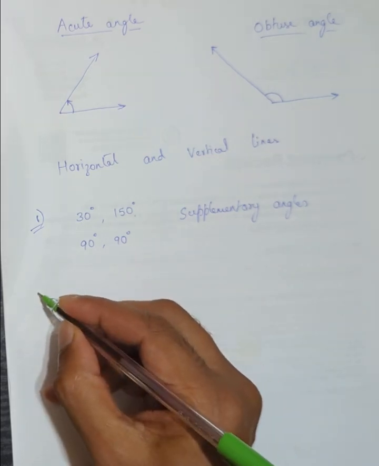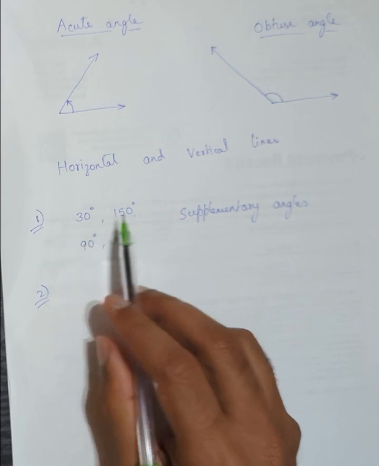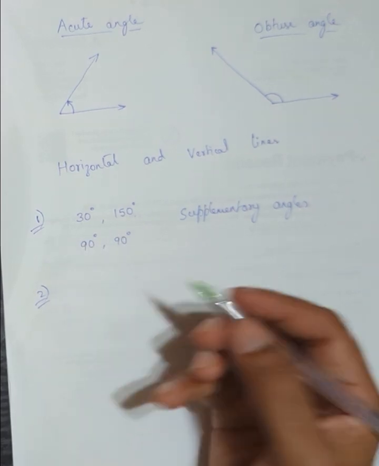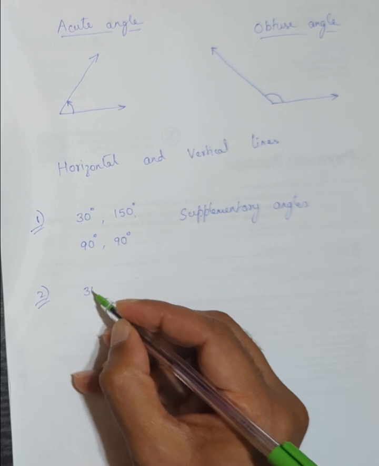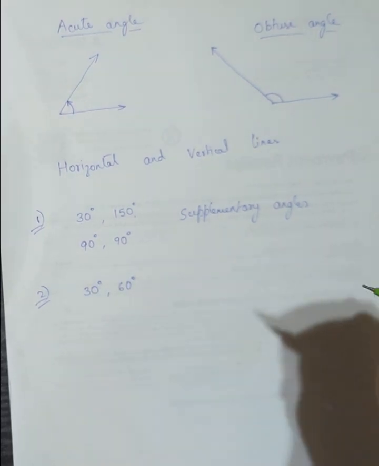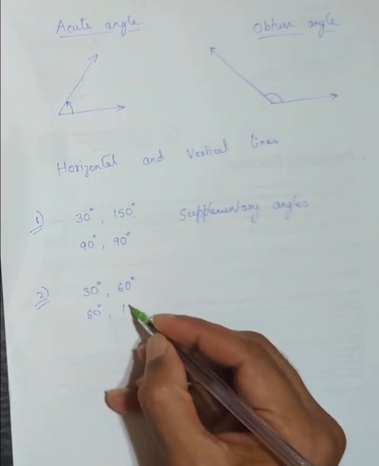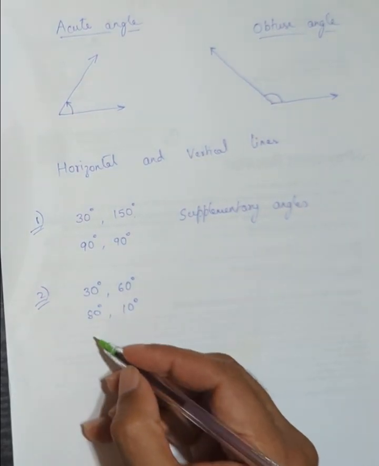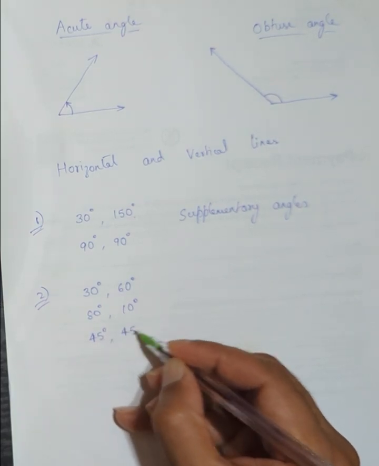Now there is one other term that applies when two angles add up to 90 degrees. So what is an example of that? 30 degrees, 60 degrees. These two add up to 90 degrees. Then 80 degrees, 10 degrees. And 45 degrees, 45 degrees.